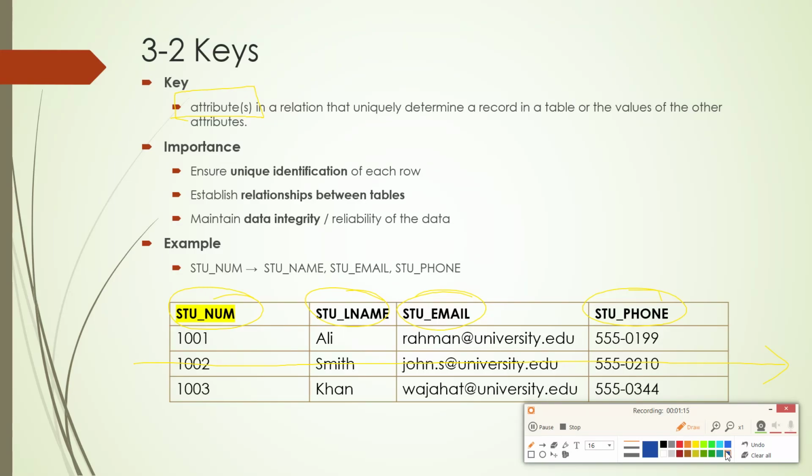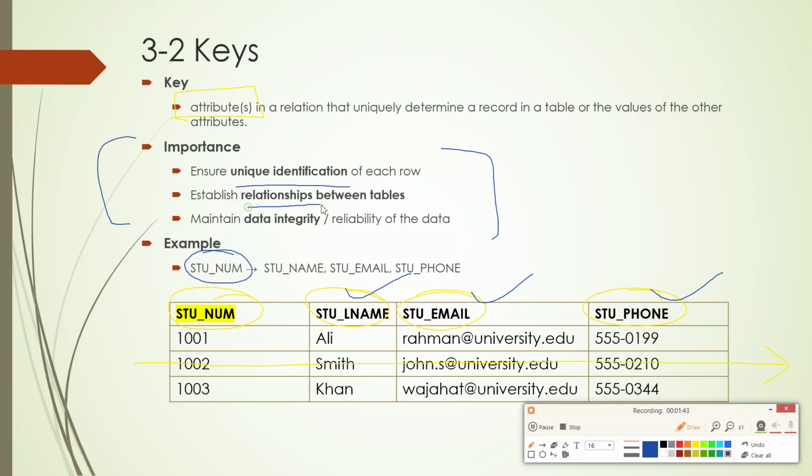So here in this example, the student number could be the primary key, because if we know the student number, we can know the student name, student email address, and student phone number. Now, why do we use the primary key? A primary key could be used for three reasons. One is that it uniquely identifies a record.